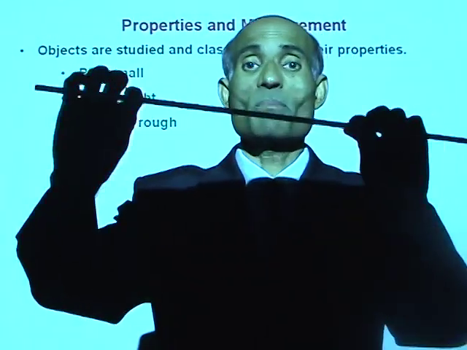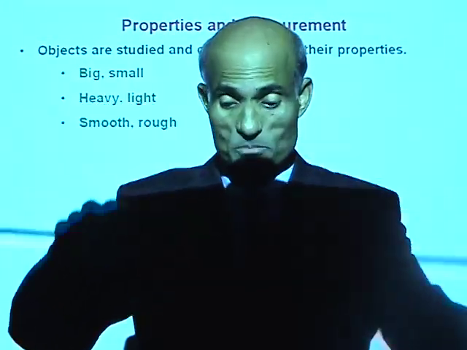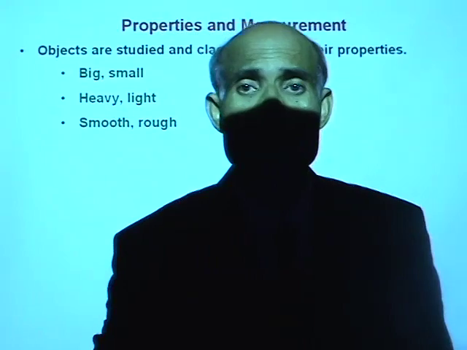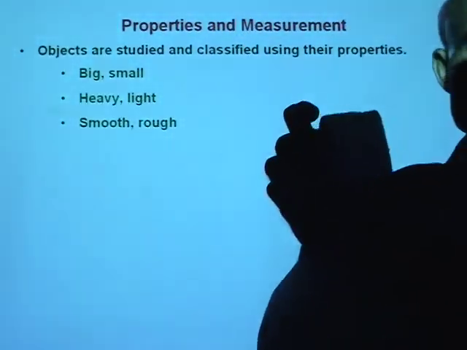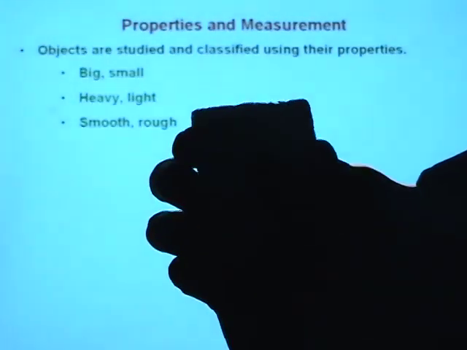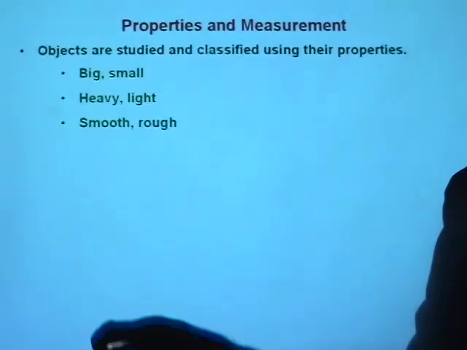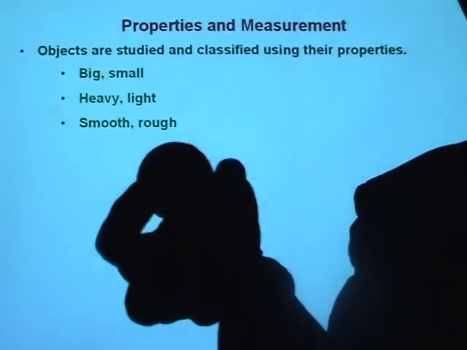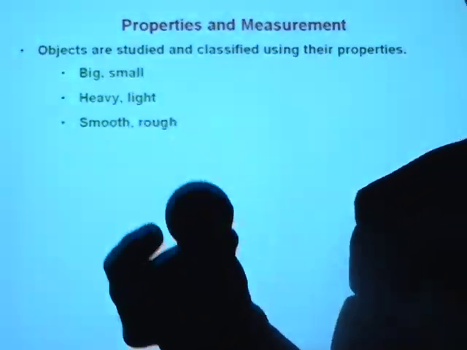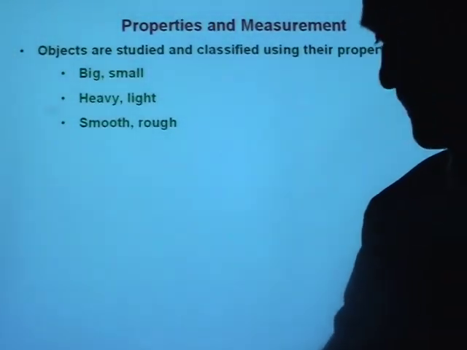Now, if you run your hands along this rod, you can see it is pretty smooth. But if you look at this one here, well, it is pretty rough. All right? Now this is fairly heavy, whereas this is very, very light.